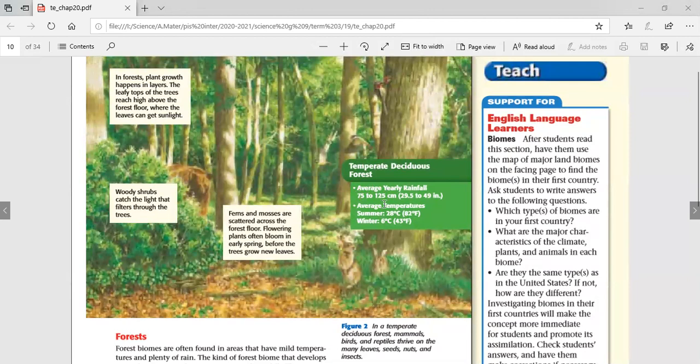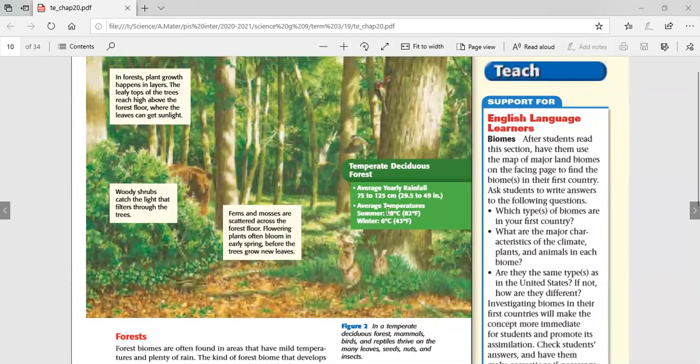That means water is available. And this amount of rain is distributed all over the year, which means it's rainy most of the year, so water is available most of the time. The average temperature in summer could reach 28 degrees Celsius, and in winter 6 degrees Celsius.